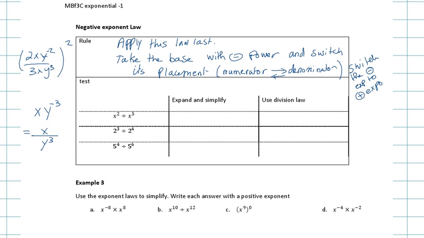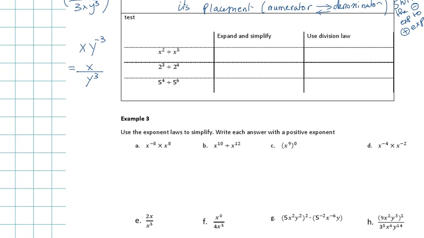So what if I have this? You're always flipping when it's a negative exponent. Only when you have a negative exponent. Now what do I do? You don't flip the whole thing, you just change its position of the term with the negative exponent.